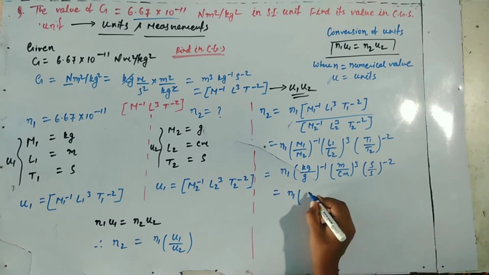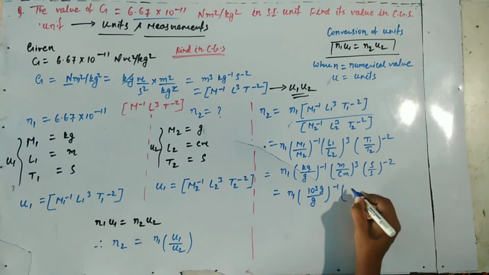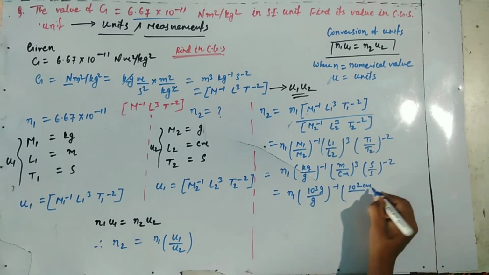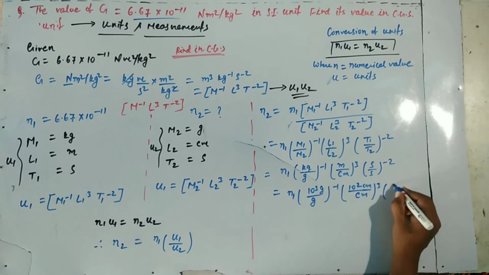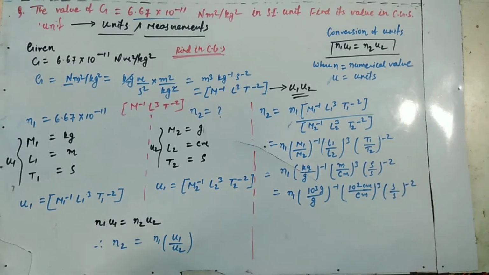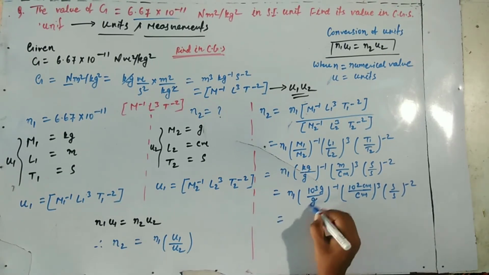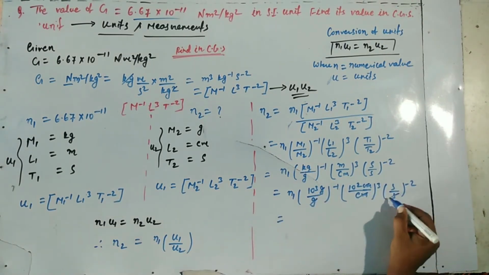Here kg is 10 to the power 3 gram, so 10 to the power 3 gram by gram power minus 1, into 10 to the power 2 cm by cm power 3, into second by second power minus 2. Gram cancels gram, cm cancels cm.